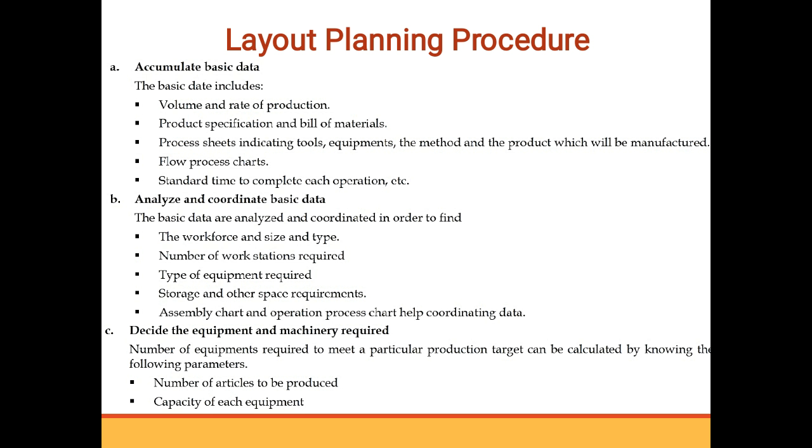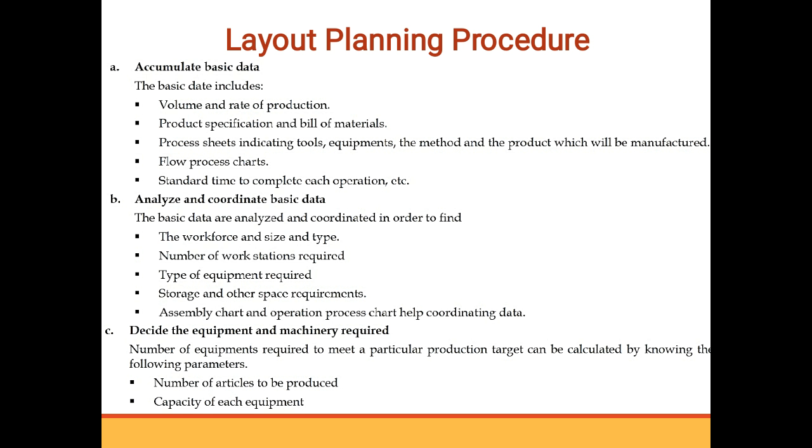Then in the next step, the data which is collected has to be analyzed and coordinated with respect to the workforce and size, the number of workstations required, type of equipment required, storage facilities, then assembly line chart. These parameters are to be taken into account.